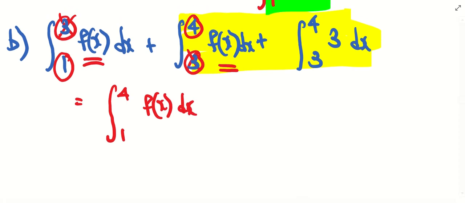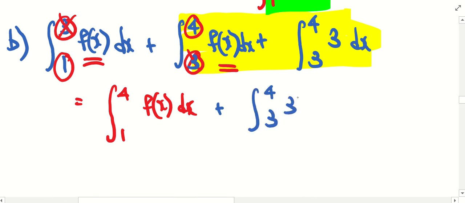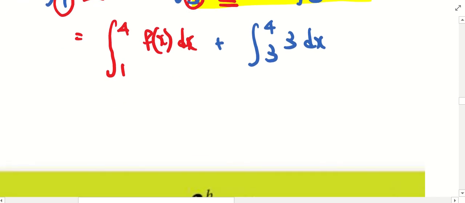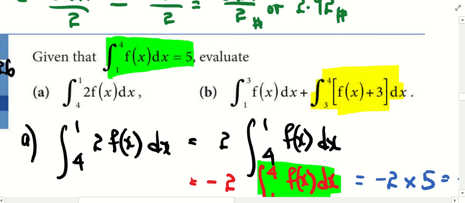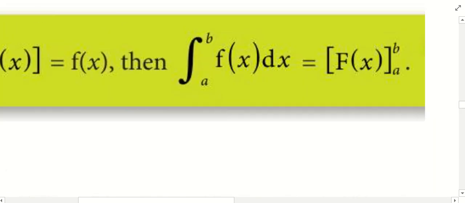Alright? Then I can integrate myself. Can we integrate number 3? What will we get? 3x, right? Remember to write the square bracket, upper and lower limit. Alright? This one is already known from the previous part. The answer is 5.